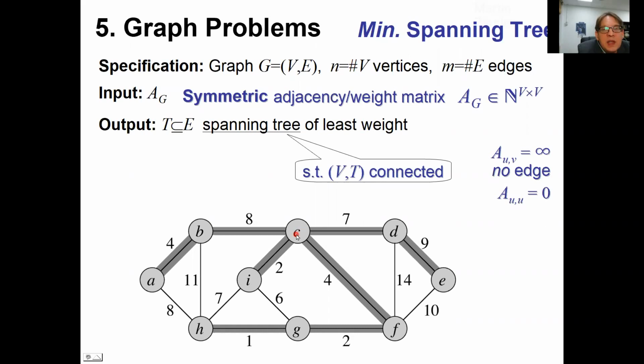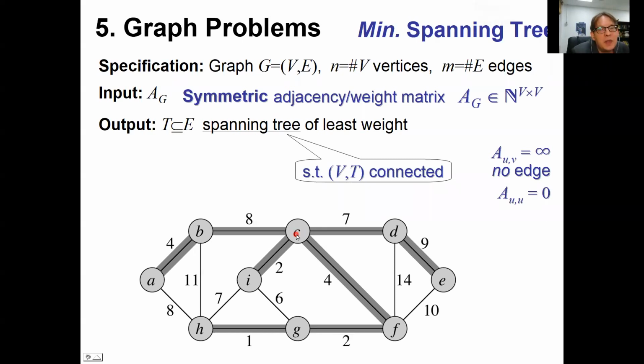At least naively, it involves considerable effort in checking that there's no other spanning tree of strictly less weight. And finding such a better spanning tree naively would require considering all possible alternative or competitive spanning trees, of which there can be exponentially many, right?